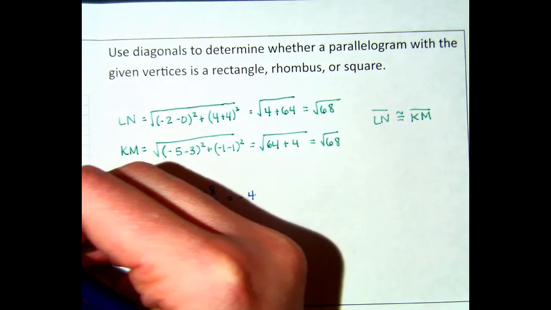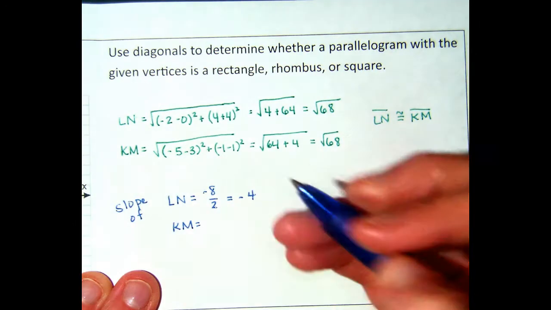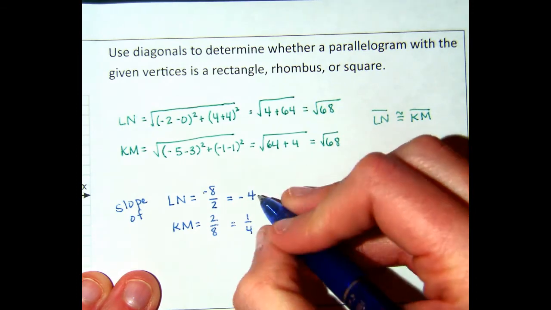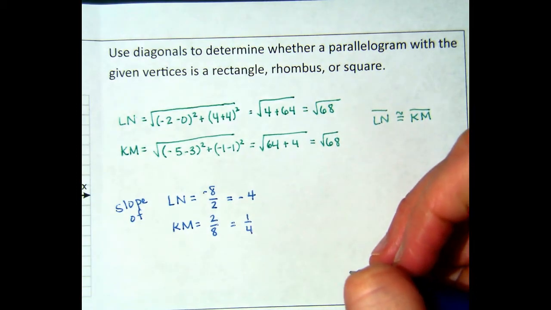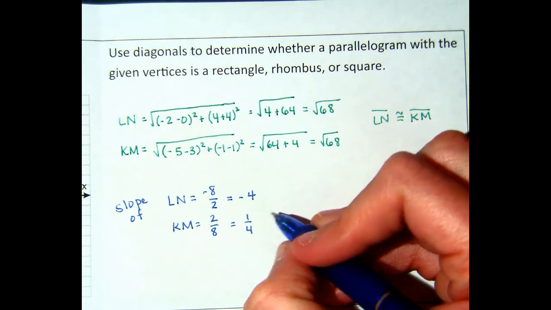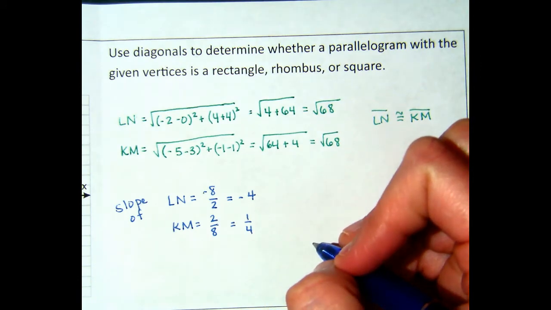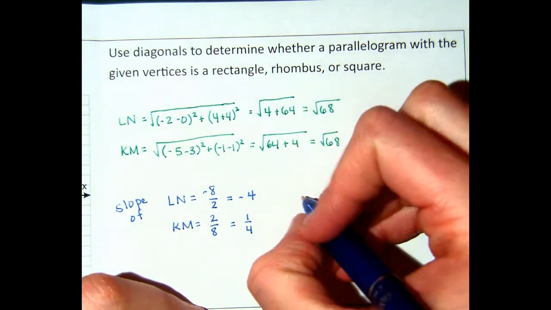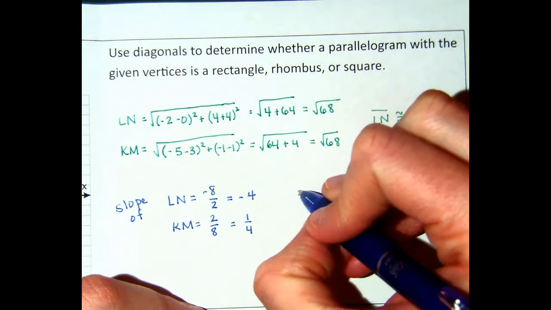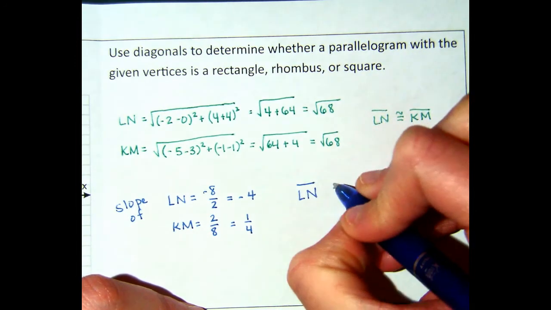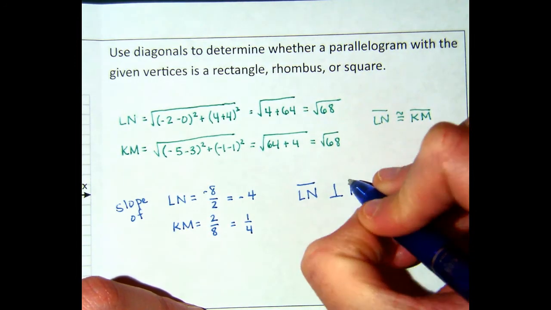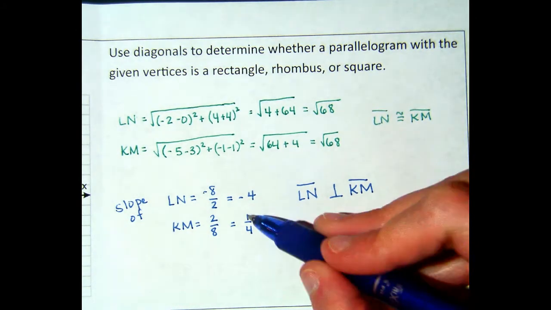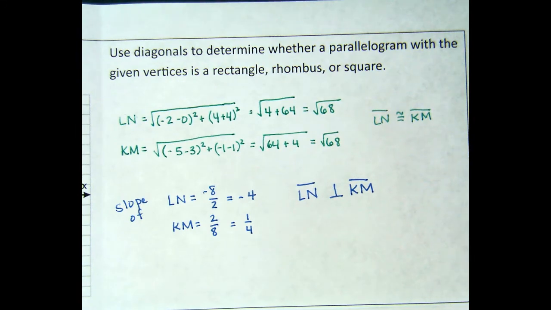KM is 2 over 8, which reduces to 1/4. We've talked about this before with perpendicular. These are opposite reciprocals, or their product is negative 1. Therefore, they are perpendicular. So LN is perpendicular to KM because their slopes are opposite reciprocals, or if you multiply them together, their product would be negative 1.